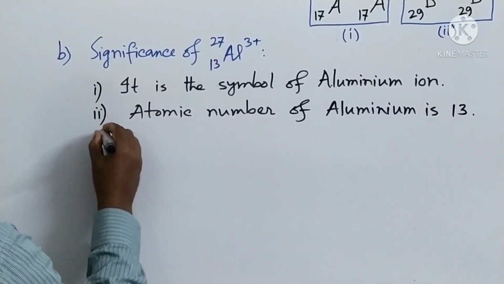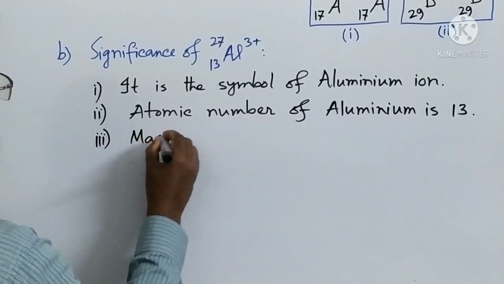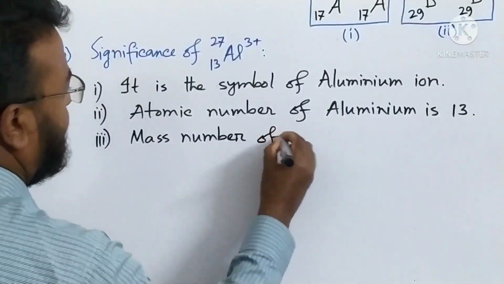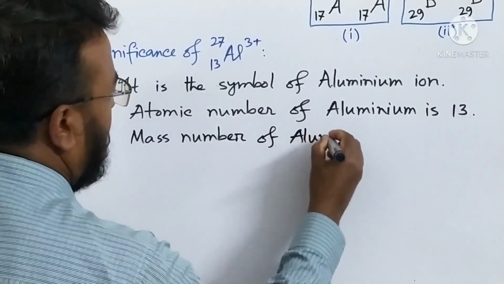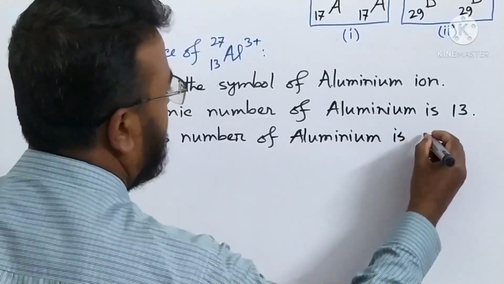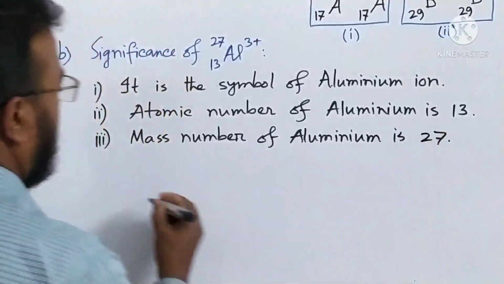Number 3, the mass number of aluminum is 27.